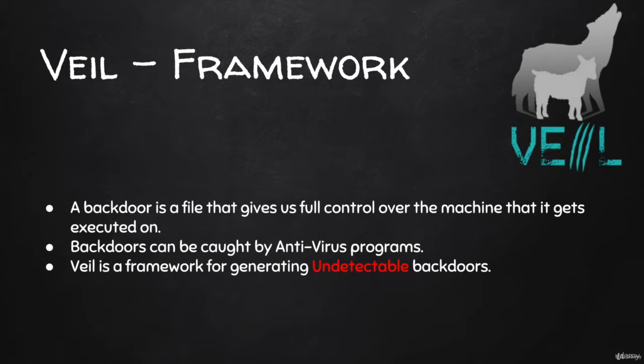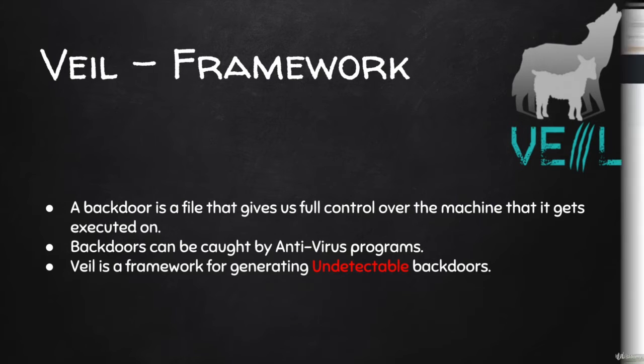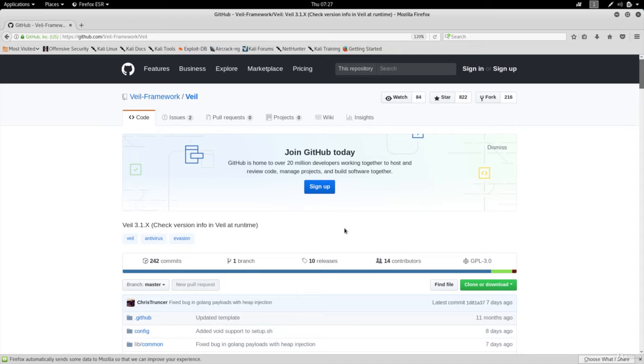Now, this is not very hard to achieve, as you'll see, and we're going to do this using a tool called Veil Framework. I already have Veil's project page open here. I'm going to include its link in the resources of this lecture on the top left. If you're not familiar with Git, this is a version control system that allows programmers to host, share, and update their programs.